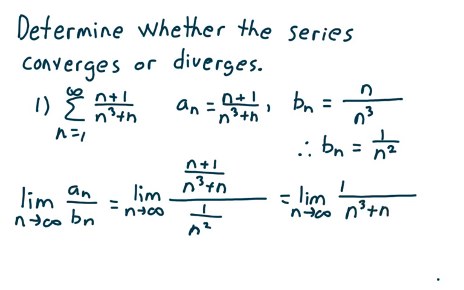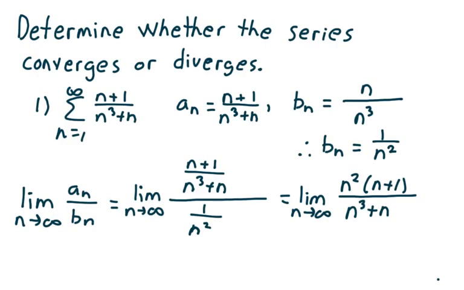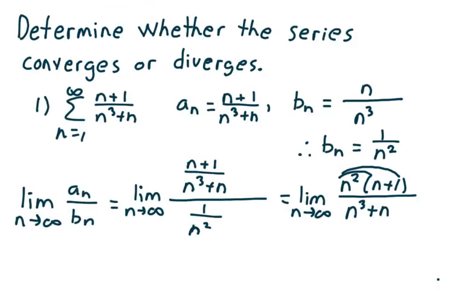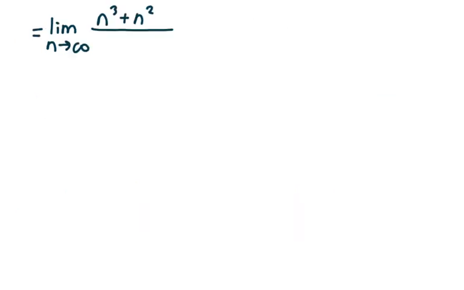The numerator is n squared times (n plus 1). Now, what I want to do is distribute the n squared inside. So this is equal to the limit as n goes to infinity of, I'm going to distribute the n squared inside to each term within the parentheses. So I get (n to the third plus n squared) divided by (n to the third plus n).